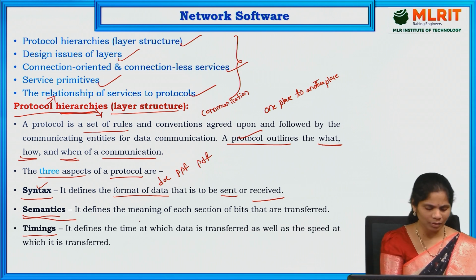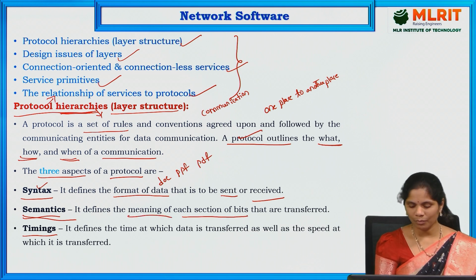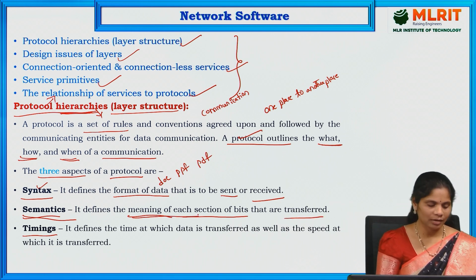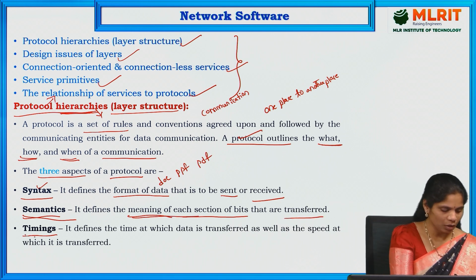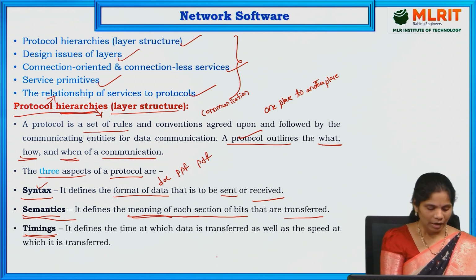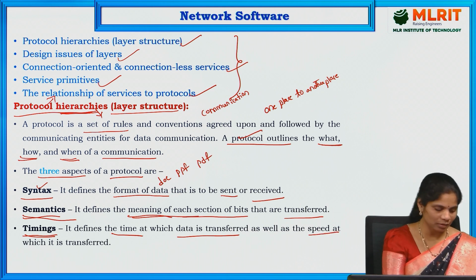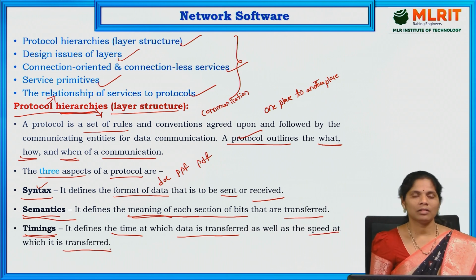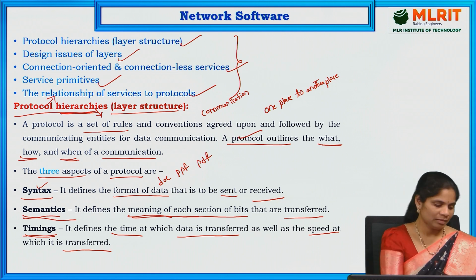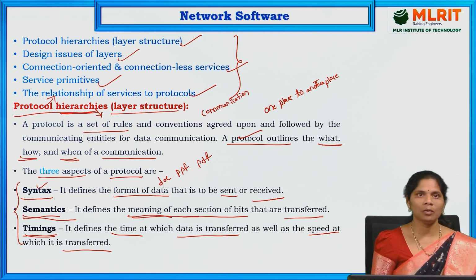Semantics is the meaning of each section of bits of the particular data that is going to be transferred. Coming to timing, it talks about the time at which the data is going to be transferred, and also the speed at which the data is going to be transferred. These 3 aspects we consider in a protocol.